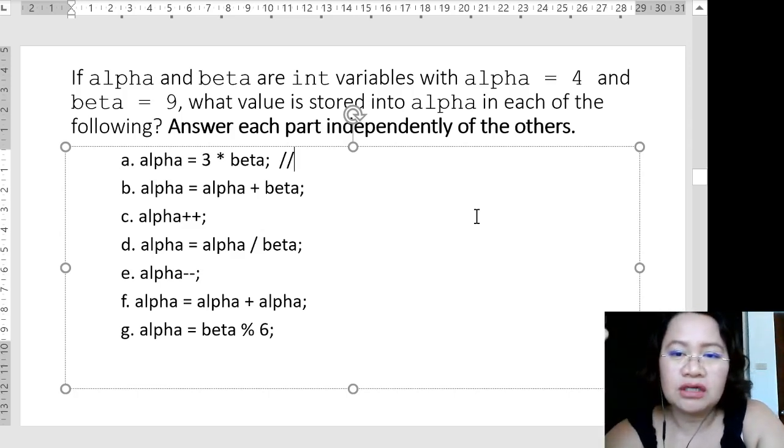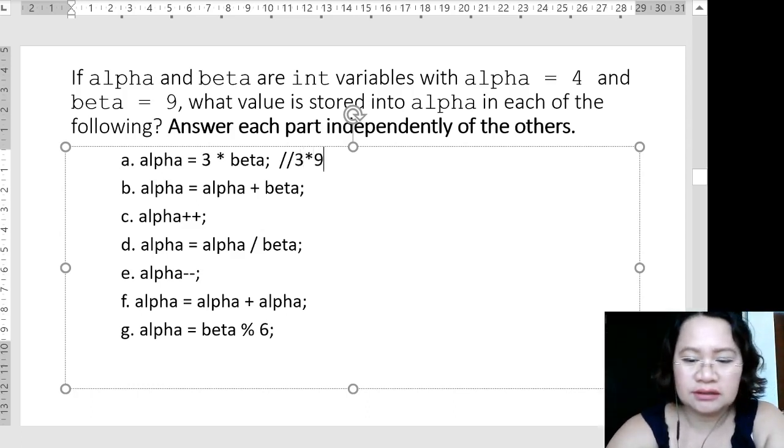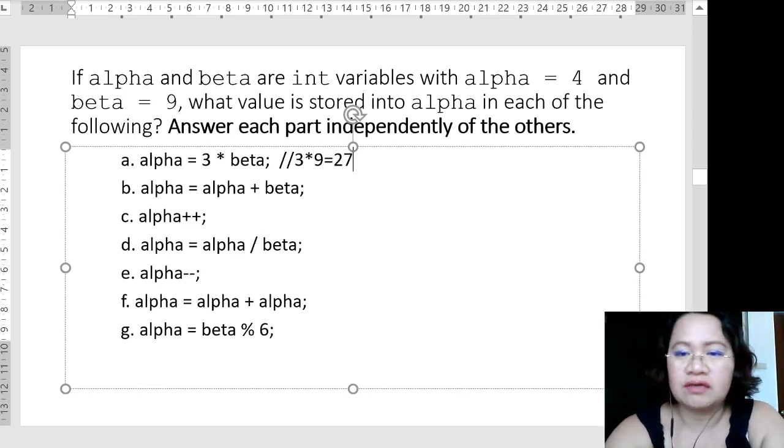So we multiply beta by 3, that is 3 times 9. This value, which is equal to 27, will be the value of alpha after you execute this line. Since beta is not assigned a new value, beta will retain the value of 9.